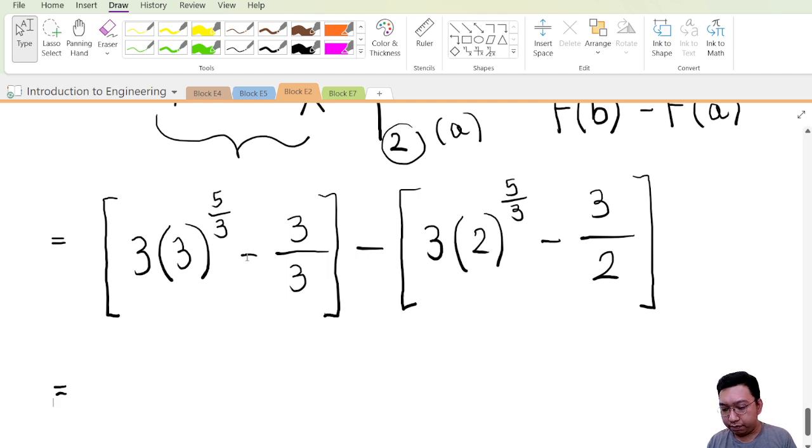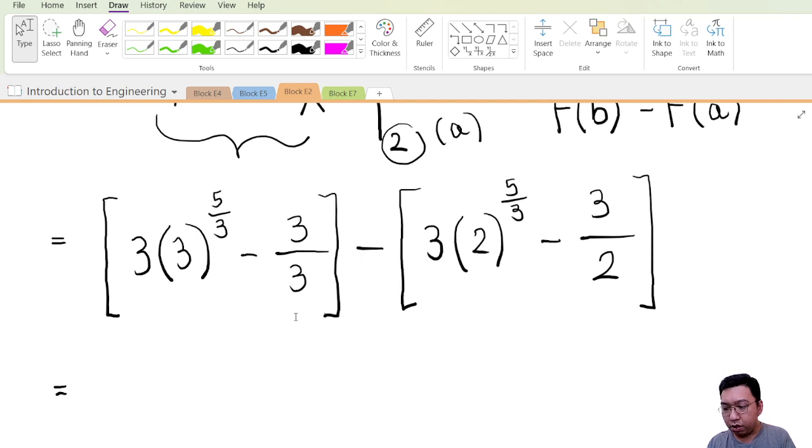So I'll solve. Oops. What is happening to my calculator? Minus 3 over 3. Okay. So I'm just typing everything in the calculator.